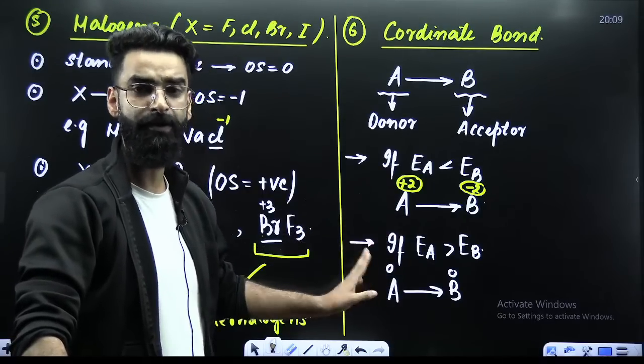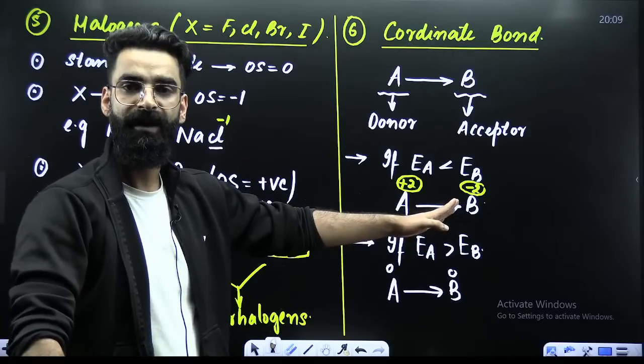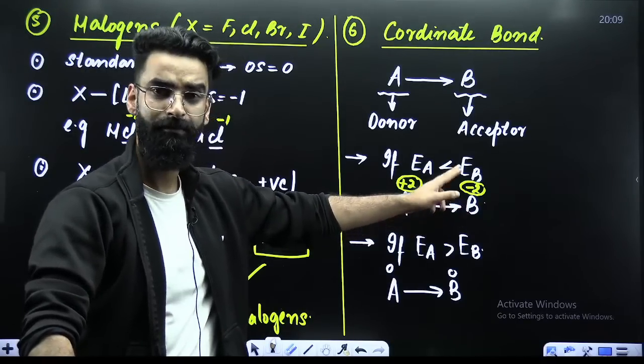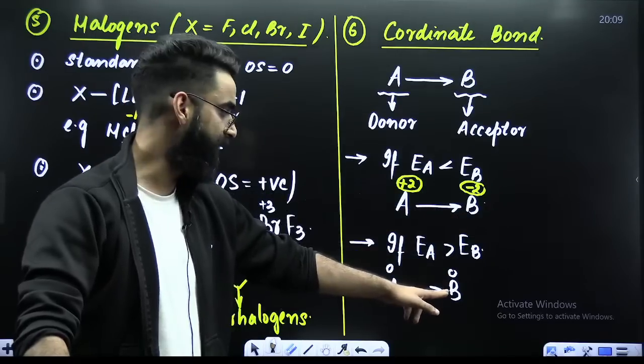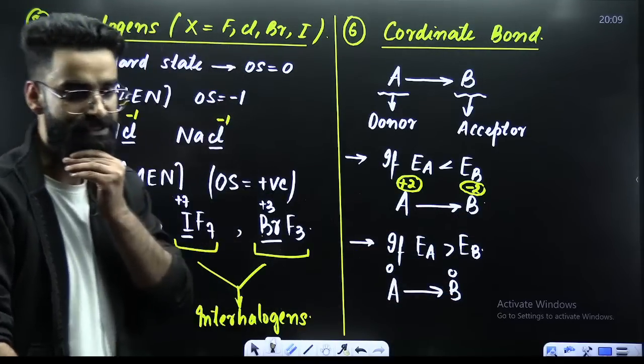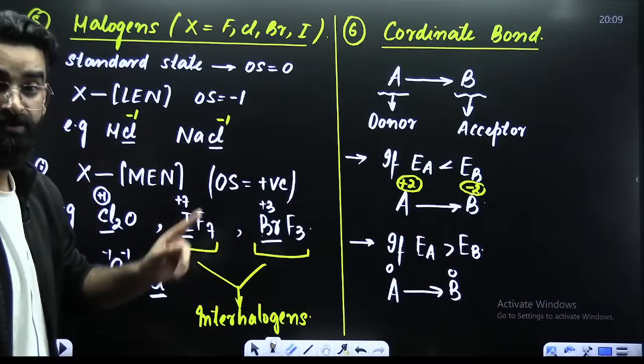If donor is more electronegative, nothing. Acceptor atom, if it is more electronegative, -2. Acceptor atom, if it is less electronegative, nothing, zero. So these things you need to remember about coordinate bond. This was our 6th point and 6th rule.